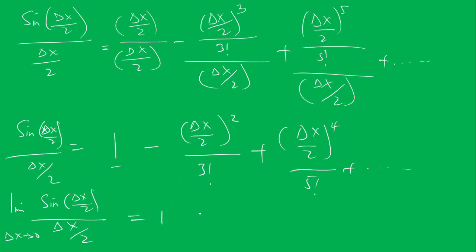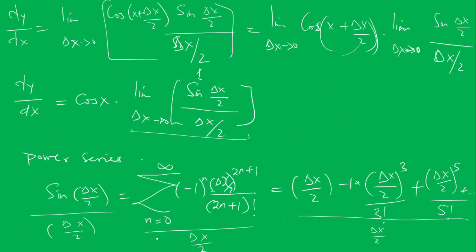If you put 0 here, the whole of this will now be 0 plus 0 minus 0 to infinity. So the whole thing is 1. So that means the limit of sine of delta x all over 2 divided by delta x all over 2 when delta x tends to 0 is equal to 1. So it has been proved.